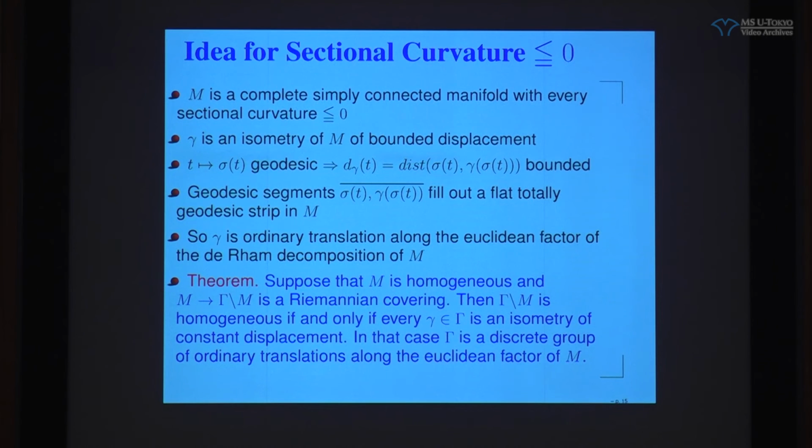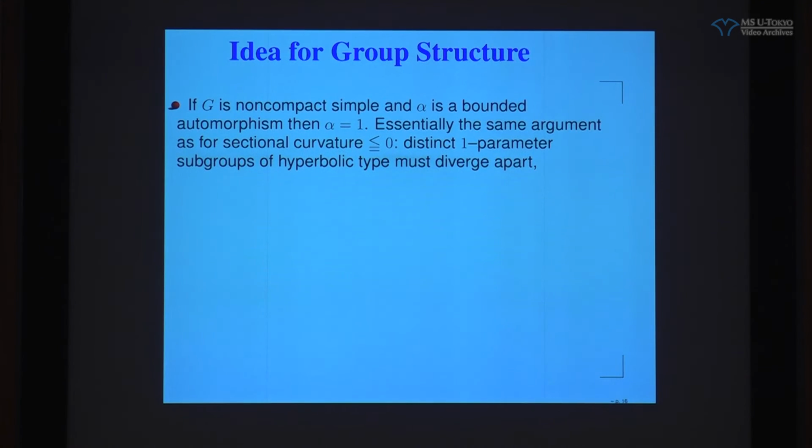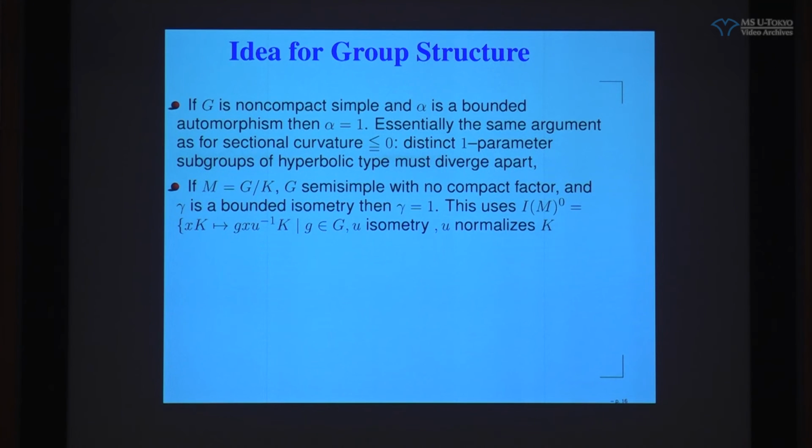Every isometry, the quotient is homogeneous precisely when you're dividing out by a group of isometries of constant displacement. Now, I mentioned the same thing for some group manifolds which are, for example, solvable, and also semi-simple.